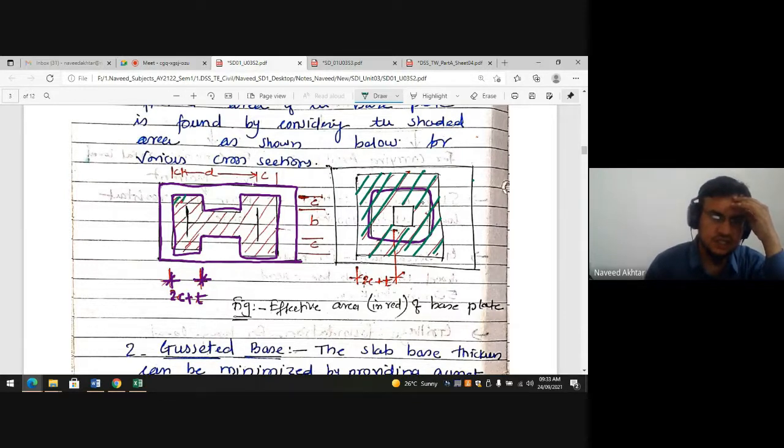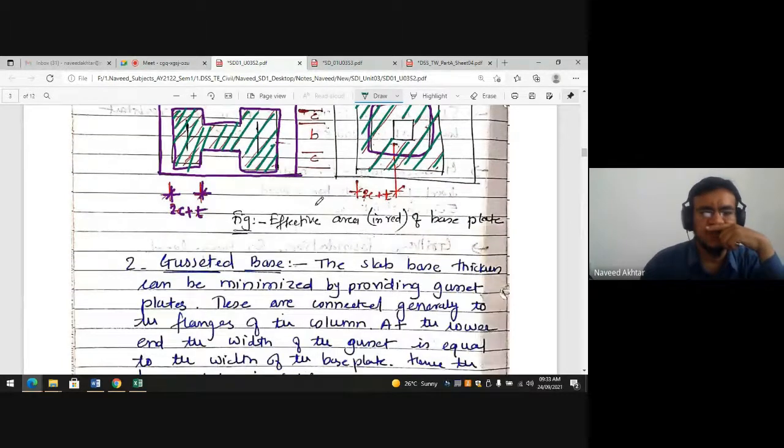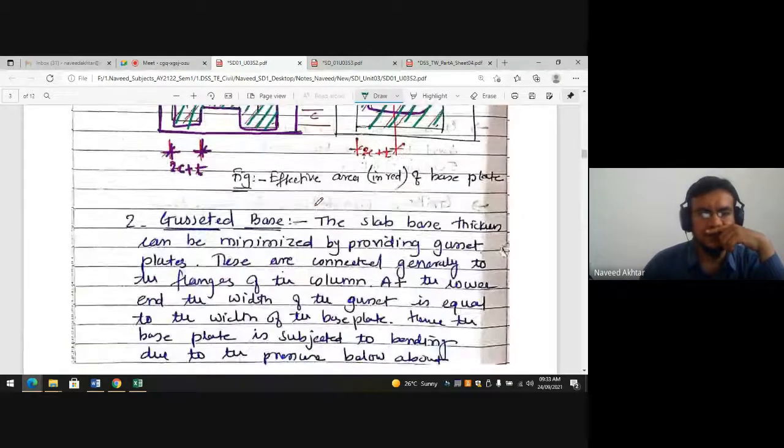For the I section, the web and flange are there, so the shaded area at the web and flange is the effective area. That's why the effective area is always less than the size of the base plate in case of a slab base.